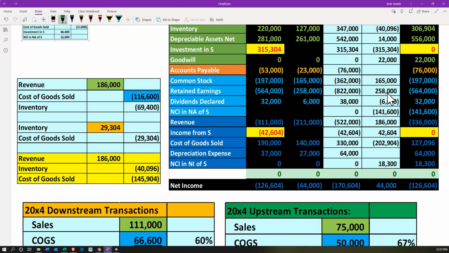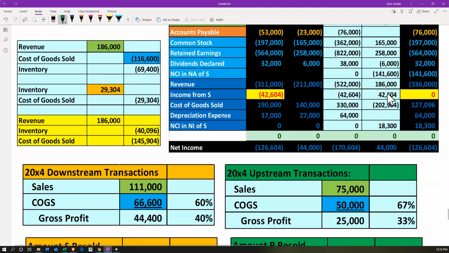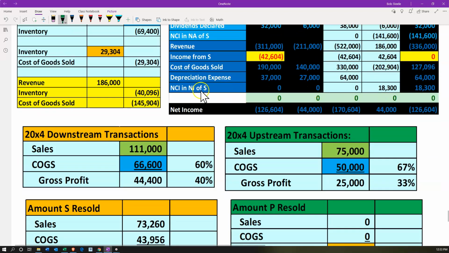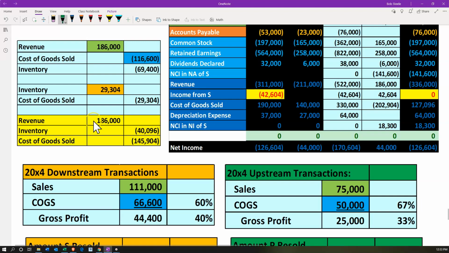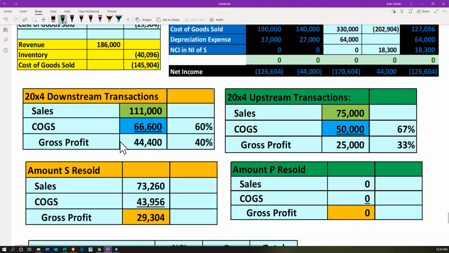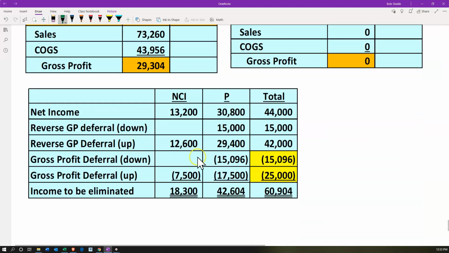Now, the other way you can think about this is you could say, okay, let me do it this way. Instead of doing these two entries, I'm going to get the same 186,000 by taking the two revenue transactions. I know I need to reverse the revenue for the current year because they're intercompany transactions. And then I'm going to think about the cost of goods sold, and I'm going to pick that up from our worksheet. So if we just use the worksheet approach, the last journal entry basically took into consideration these two numbers, right?